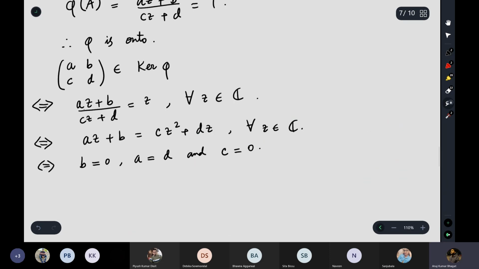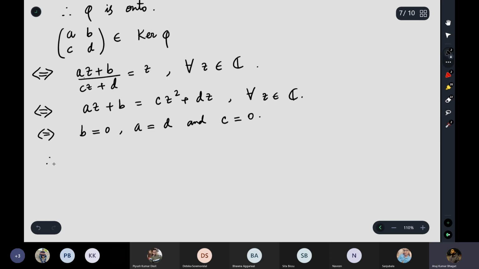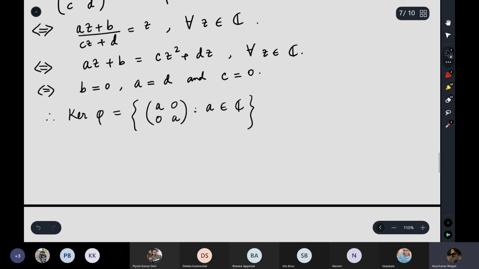So what will kernel consist of? Therefore, ker phi will consist of all those matrices of the form diagonal matrix. Right. Not diagonal, by the way, scalar matrices, so that a is in C. If I take a common, this is of the form 1, 0, 0, 1.